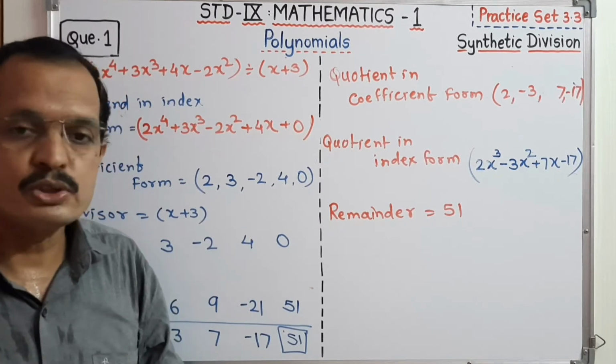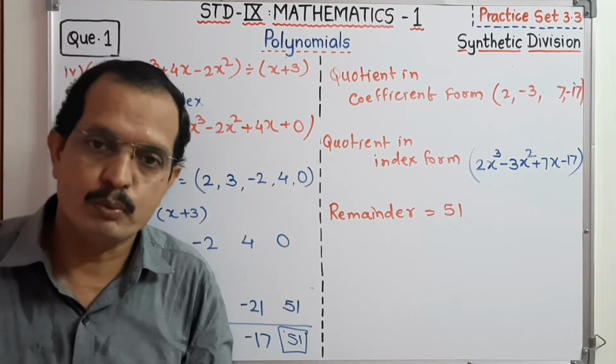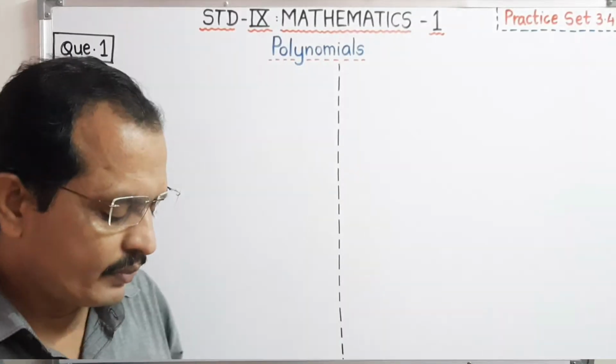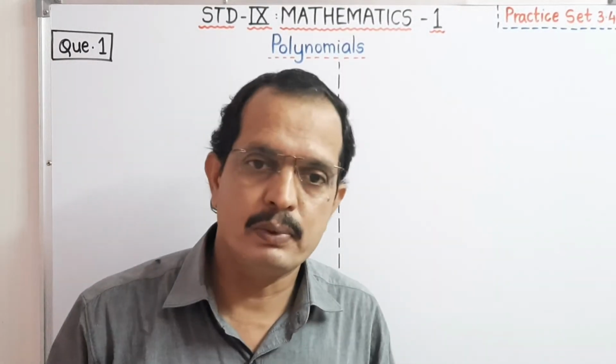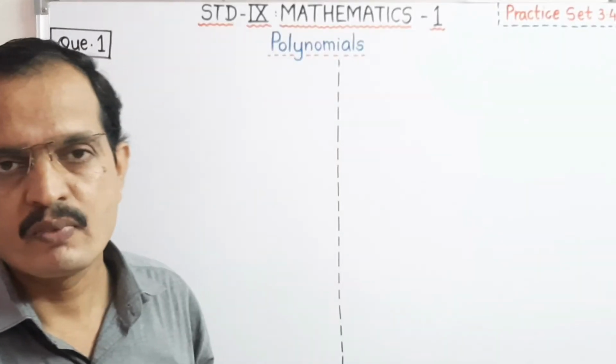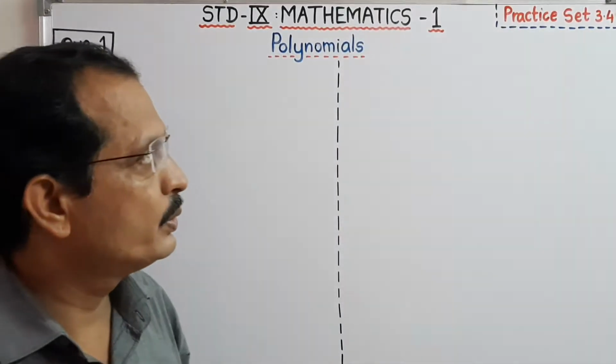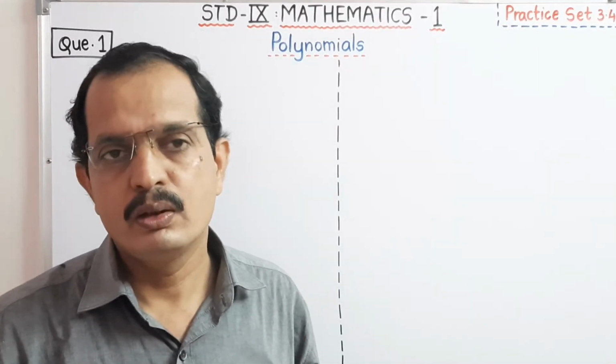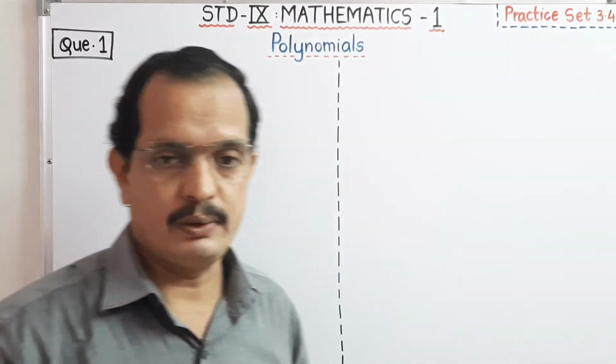Now we have to start another topic about polynomials, that is the value of the polynomial. Dear student, just now we completed synthetic division. Now we have to see the value of a polynomial. What is the value of a polynomial?